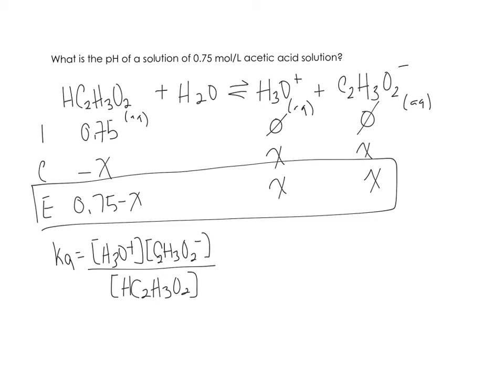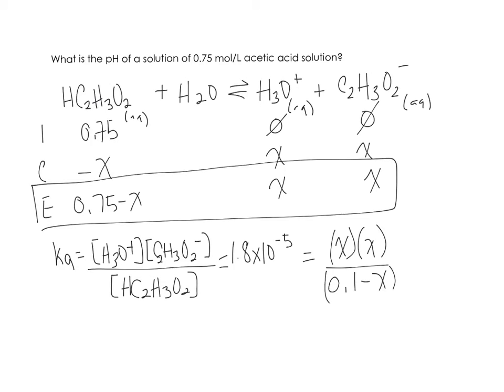You have a table in your textbook, any textbook, of Ka values. The Ka value for acetic acid is 1.8 times 10 to the negative 5. So now we can solve for x. So this is going to be equal to x times x over 0.1 minus x. So x squared over 0.1 minus x is equal to 1.8 times 10 to the negative 5.